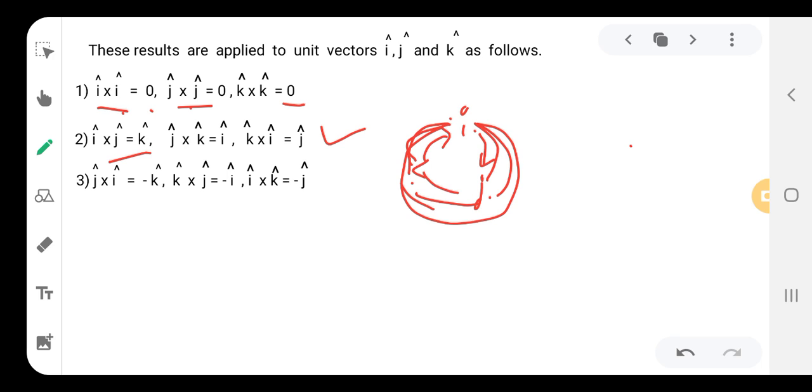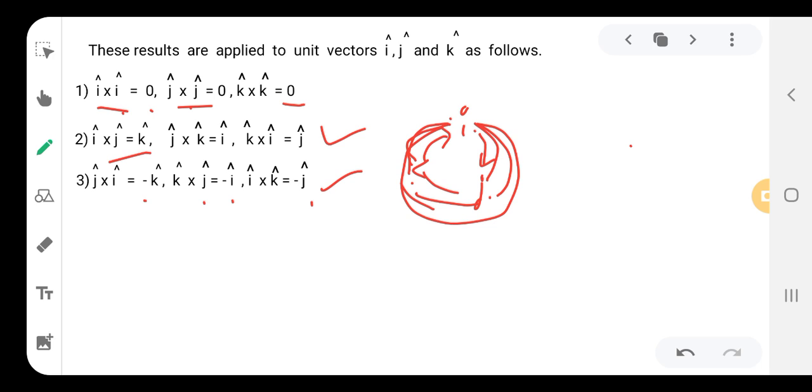Now we cannot reverse it. Reverse means it moves in the anticlockwise direction. So J cross I is minus K, K cross J is equal to minus I, and I cross K is equal to minus J, right? Reverse direction is equal to the negative of the third vector.